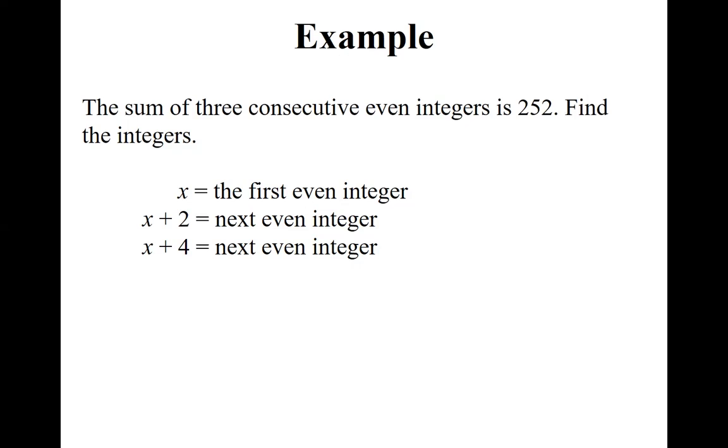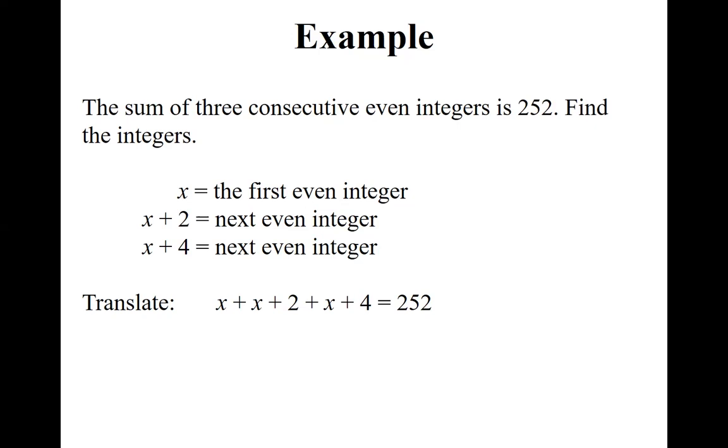Let's call that x. Then the next even integer would be 2 after that. And then the next even integer would be 4 after the first one. So x is the first, x plus 2 is the second, and x plus 4 is the third.